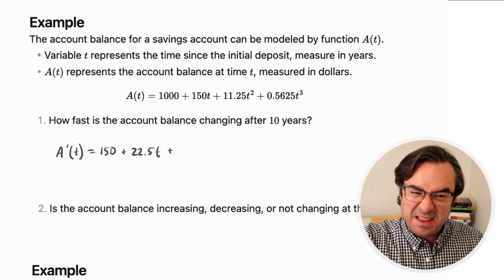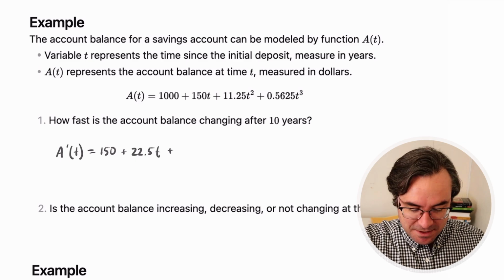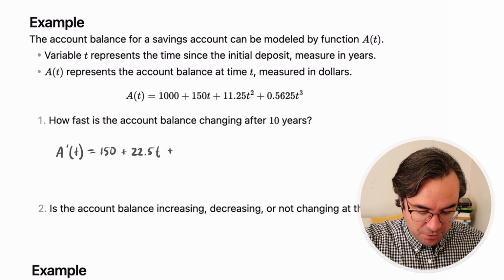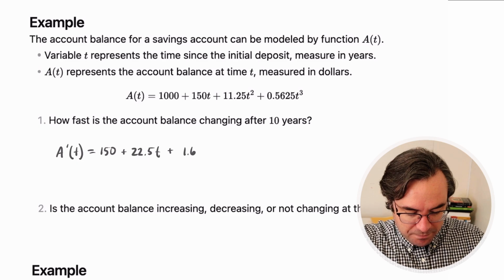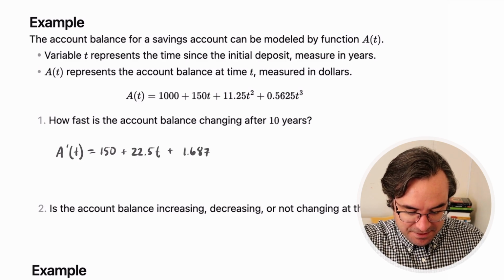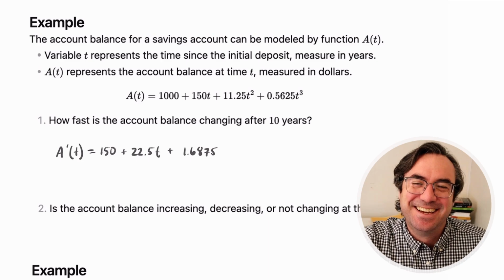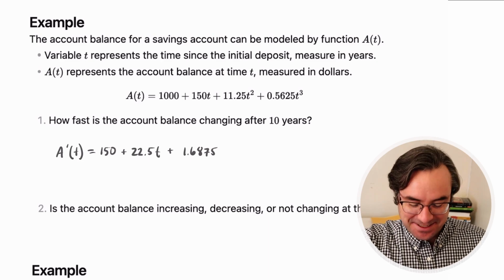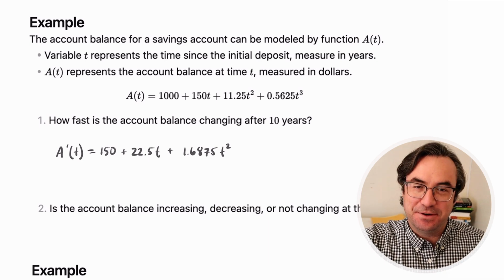Maybe you need a calculator for this, but let's see if I can do it. What do we get? We get 1.6875, hopefully that's right. I think it is. T squared. Okay, so that's our derivative.